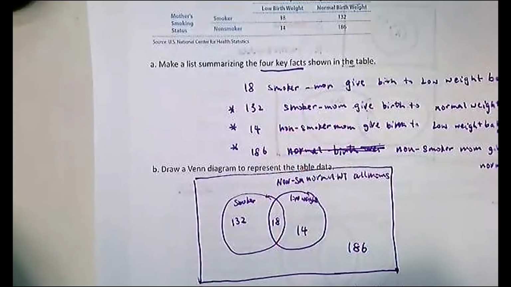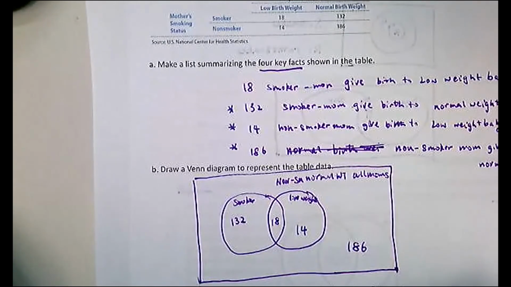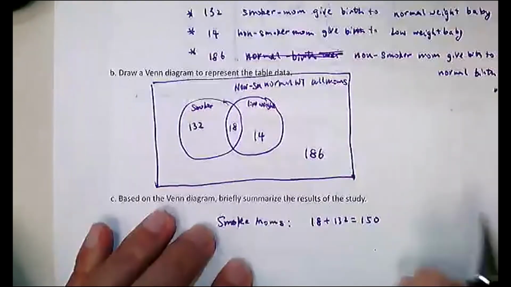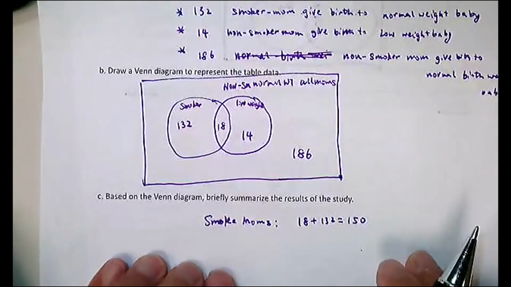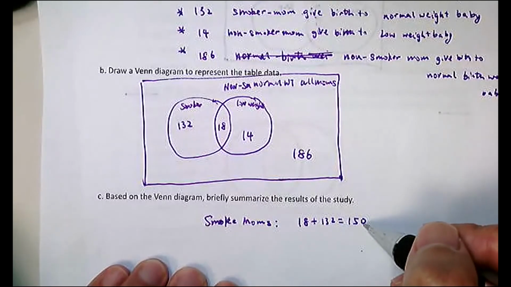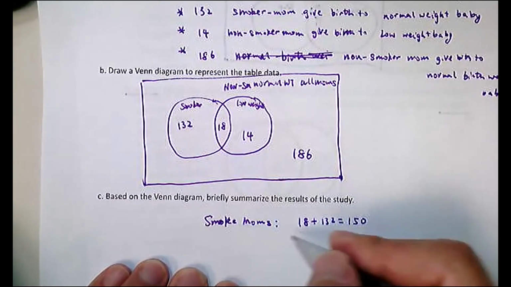In this study, together we found smoker moms: 18 plus 132, which gives you 150 in total. Those 150 have a total of 18 low birth weight babies.